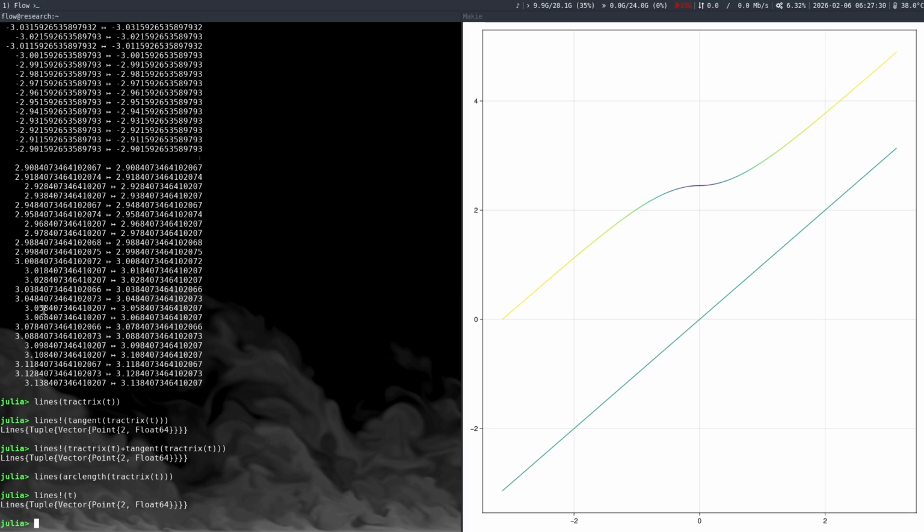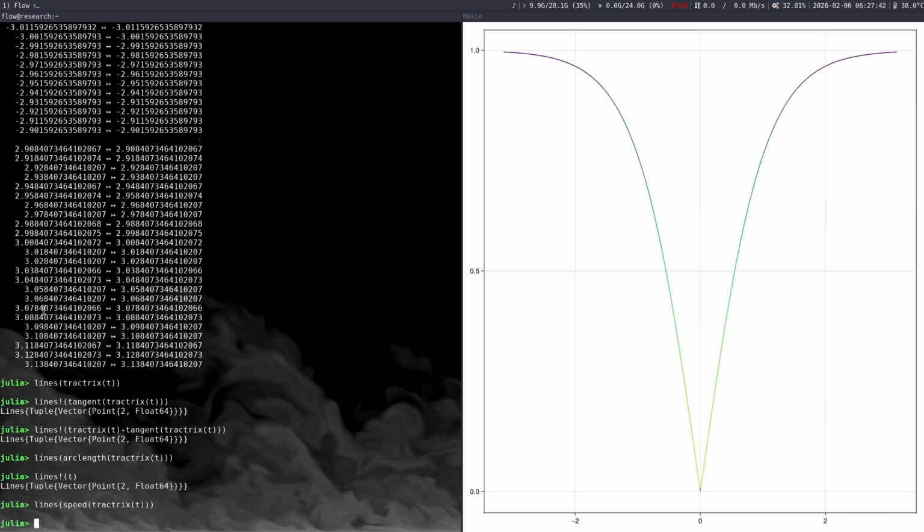And yeah, if we want to take a look at the speed, that's the speed of the curve, and at the cusp, the speed is 0 here.